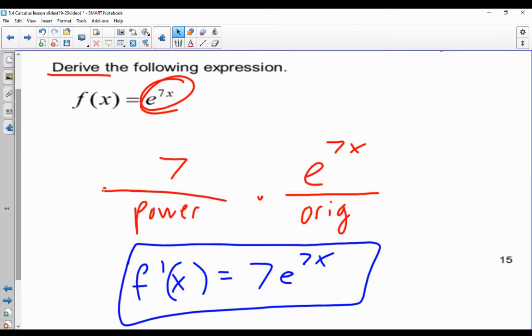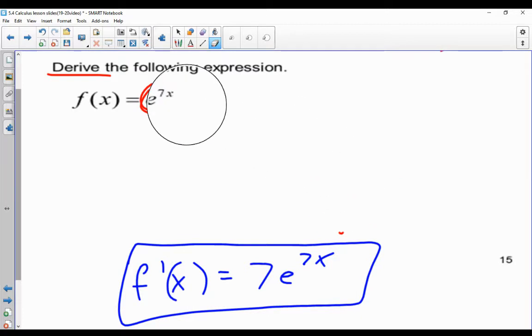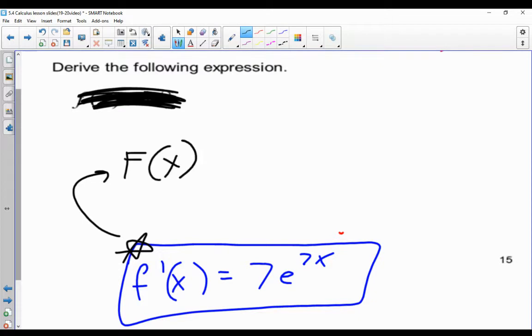There you go. So that was just a quick refresher of the main topic we talked about in the first video. But now I need to ask you, what if instead of giving you the original function, what if I gave you the derivative and I wanted you to find what the original function was? Or in other words, how do we find the integral or antiderivative?